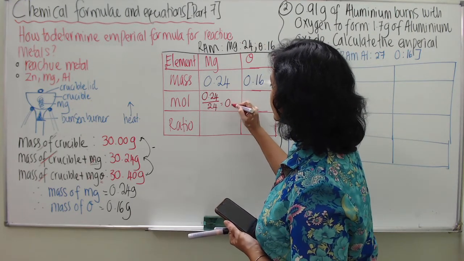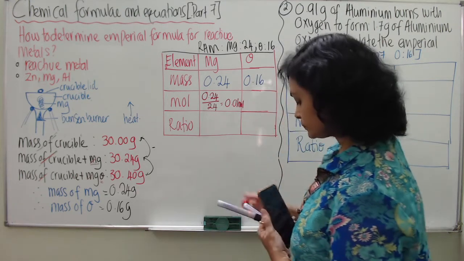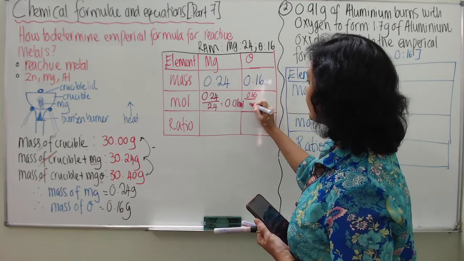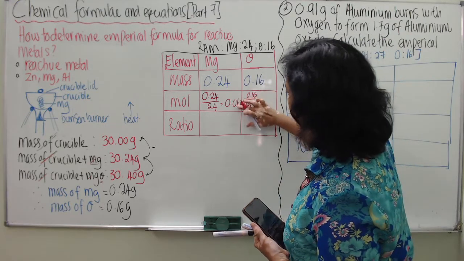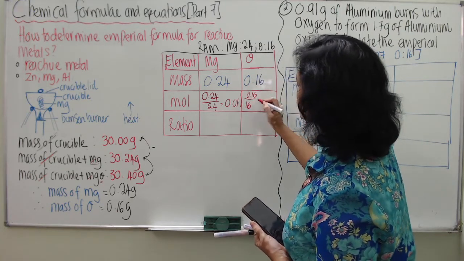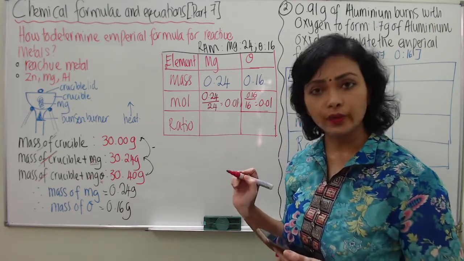We get 0.01 mole. And here, 0.16 divided by 16. I don't write the mole here. We get 0.01 mole for oxygen as well.